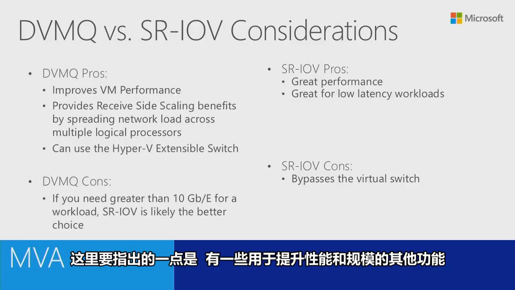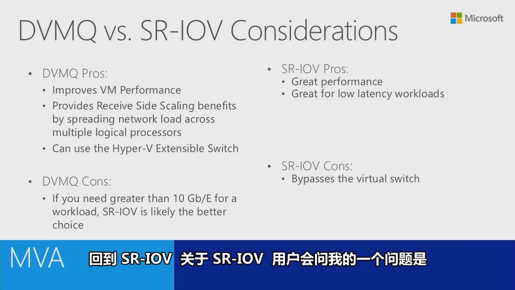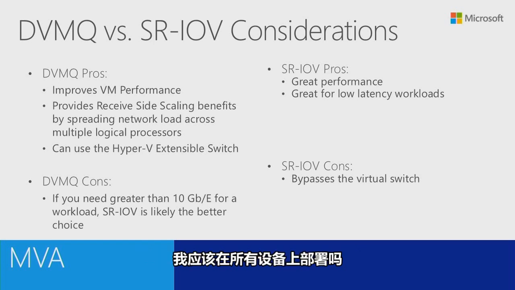So one thing to point out is some of the other capabilities to improve performance and scale. One of these is what we call dynamic virtual machine queues, or DVMQ. One of the things I get asked about when people see SRIOV go, wow, this is fantastic, is: should I just use this for everything? Should I just deploy this on everything? No. That's really overkill.